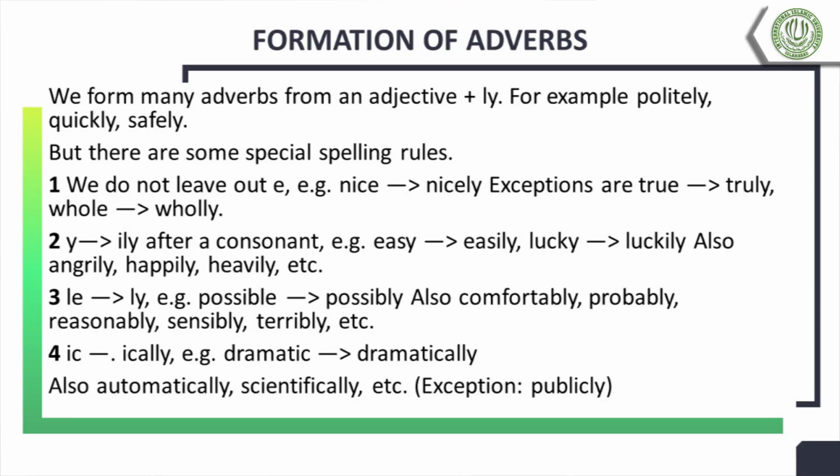The fourth way to form an adverb from an adjective is that you add ically, like dramatic, dramatically. Also, other examples such as automatically, scientific, scientifically. There are exceptions like public, and we only add ly, publicly.